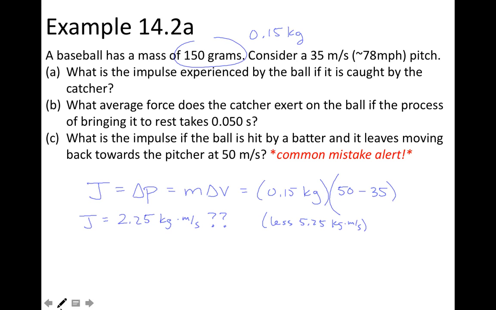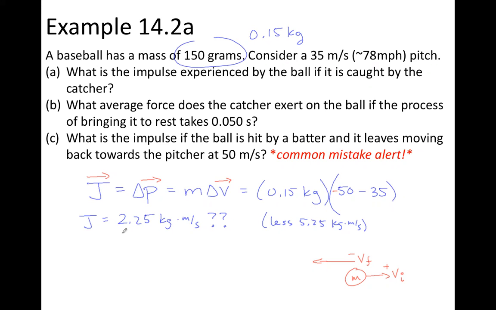Now, here was the mistake, and it's the mistake students make every year because impulse, momentum, and velocity are vector quantities. They depend on direction. So if we picture the ball as coming in with an initial velocity this way of 35 and leaving with a final velocity in the opposite direction, we have to make one of them negative. Okay, so I'm going to make the final velocity negative.